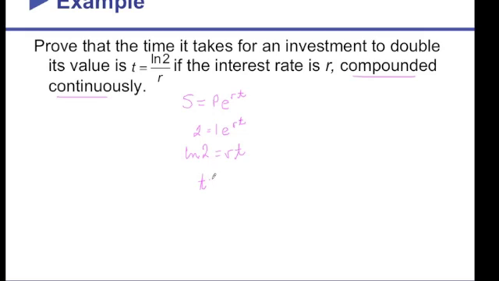So t then equals ln of 2 divided by r, just like they said it would.